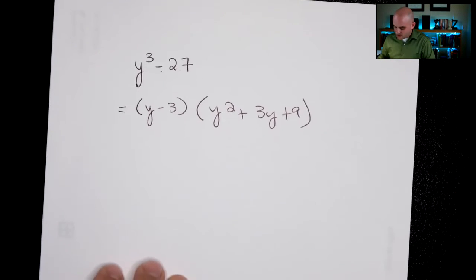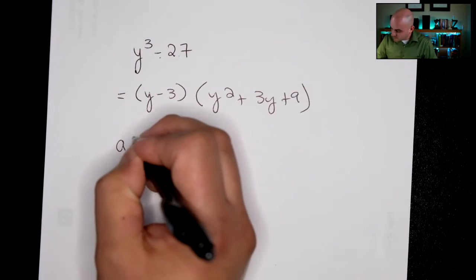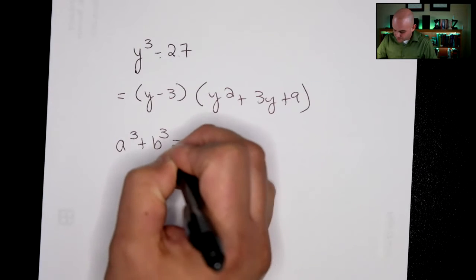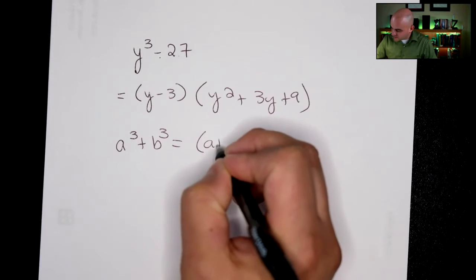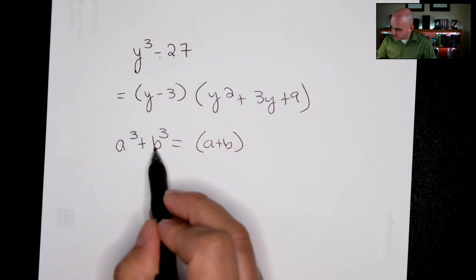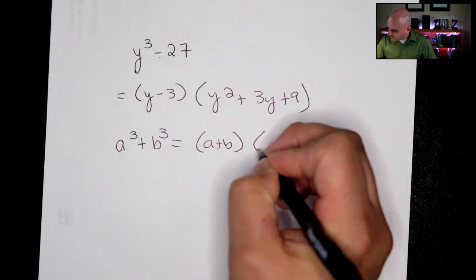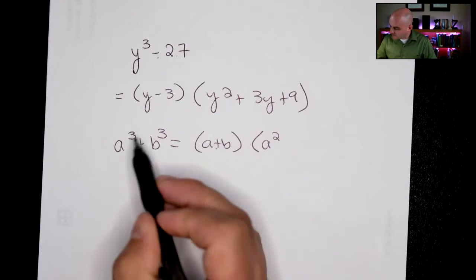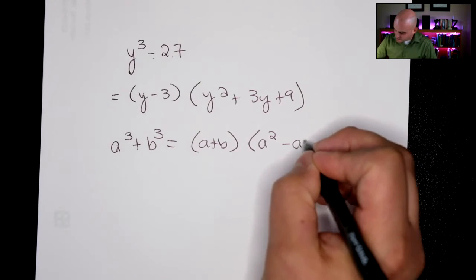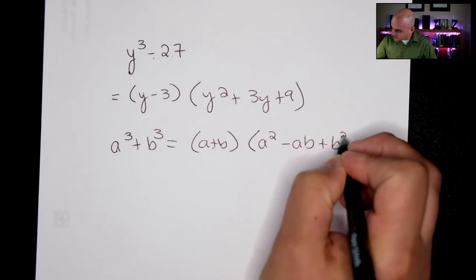And so our trick there, if you don't remember that from last year, if you have a difference or a sum of cubes, let's say if it's a cubed plus b cubed, that factors out to a plus b. Notice it's just the cubic root of both of these and the same sign in between. And then we square the cubic root of that first term minus the product of the two cubic roots plus the square of the last term.